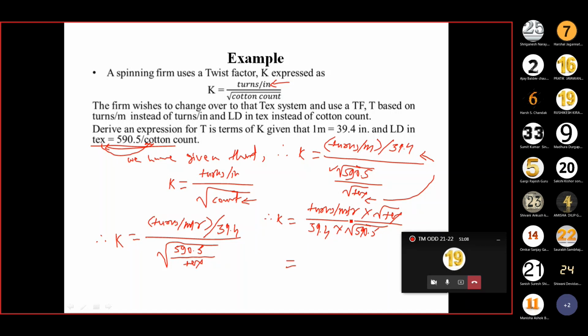So what is this? Turns per meter into root X. What is this? Tell me. Yes, twist factor.